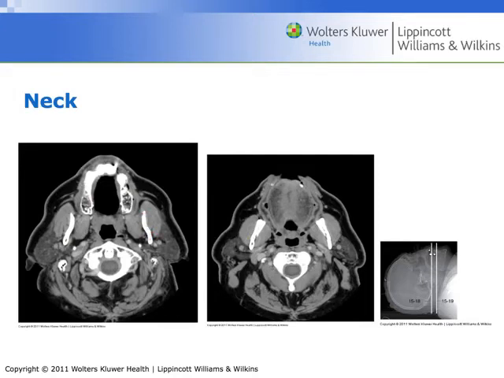So this would be the patient's left ramus, left mandibular ramus. Atlas anterior arch. The dens. The spinal cord.